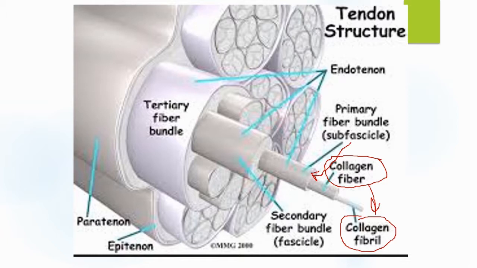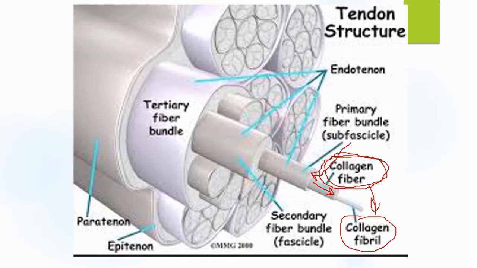And once those collagen fibrils are secreted from the intracellular environment of the tendon cells to the extracellular environment of the tendon cells, then they become arranged into triple helices collagen fibers. We refer to those as collagen fibers. So this is a collagen fiber that's constructed by one single tendon cell.